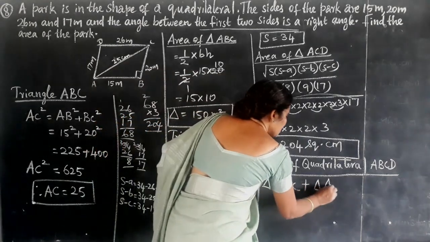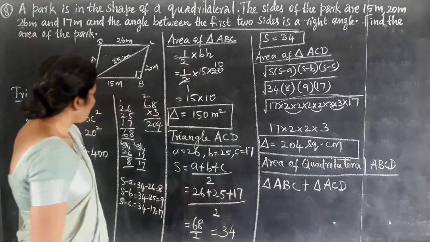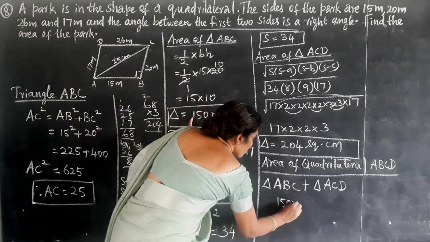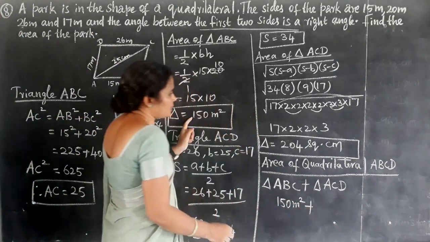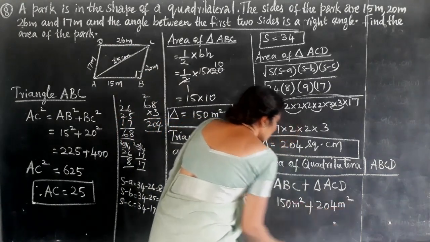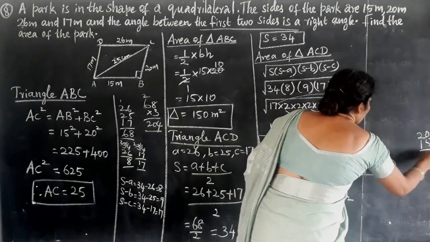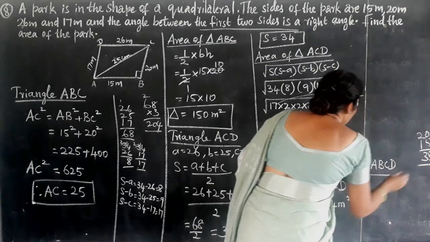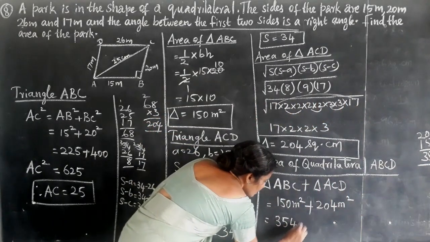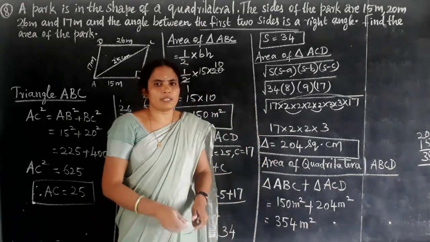For triangle ABC, we got 150 meters square plus triangle ACD 204 meters square. 204 plus 150 is 354 meters square. So the area of the quadrilateral is equal to 354 meters square.